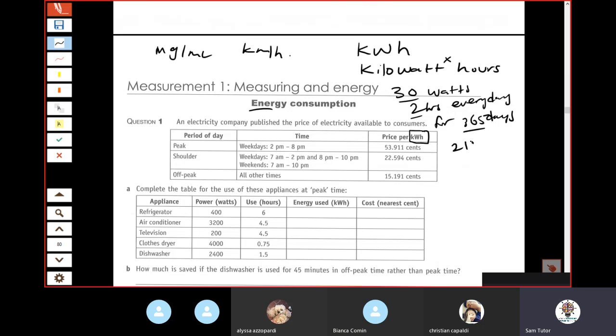So I get 21,900 watt hours, because that's W times H. But I want kilowatt hours, which means I'll divide that by 1,000.